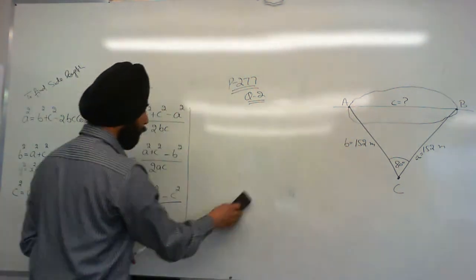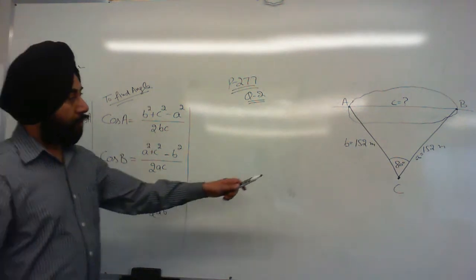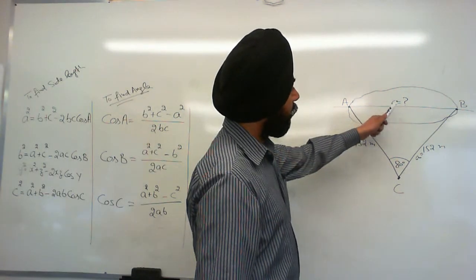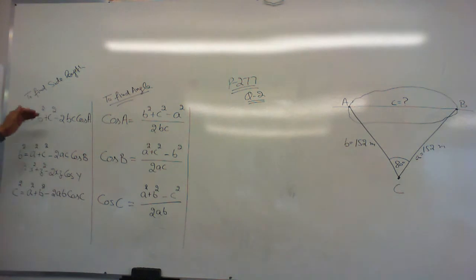Okay, so let's solve this by cosine law. Because now we are solving for the side length c, you will have to use one of these formulas. It's pretty easy to use because the formula is already written for a, b and c. So you will use the third formula because you have to find c.